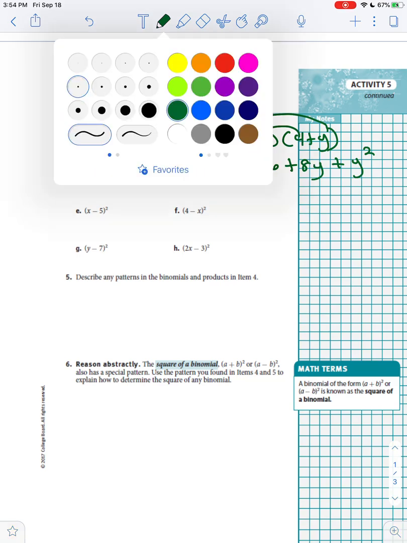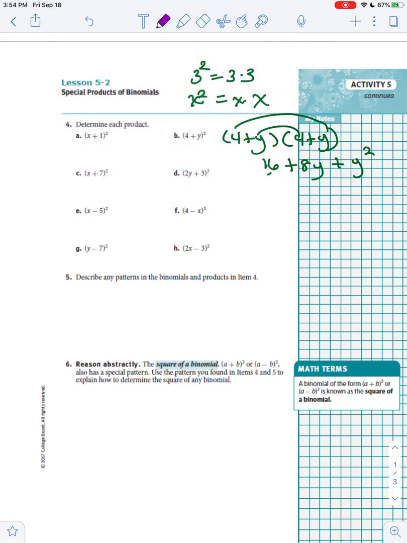Let's try another one. Maybe we'll come over here and do part C. So we have some room on this side now. This time we have x plus 7 quantity squared, which means I want to multiply x plus 7 times itself. Sometimes when you see these quantities squared, you want to think, write it twice. It means there are 2 quantities. So first times the first is x squared.